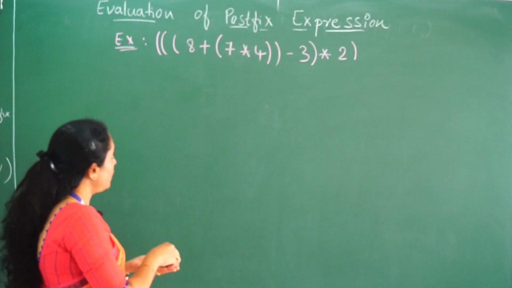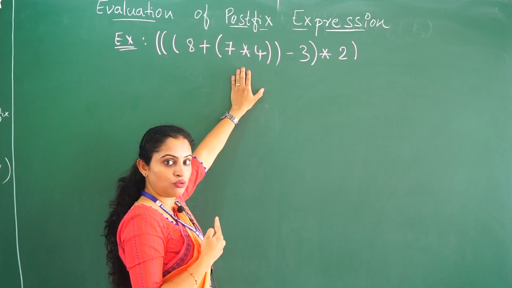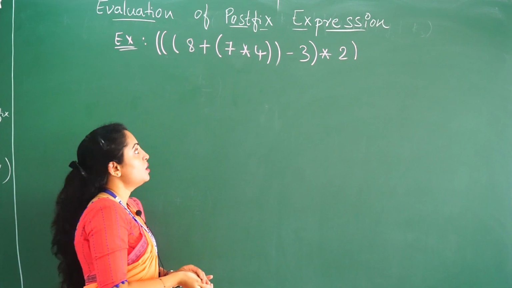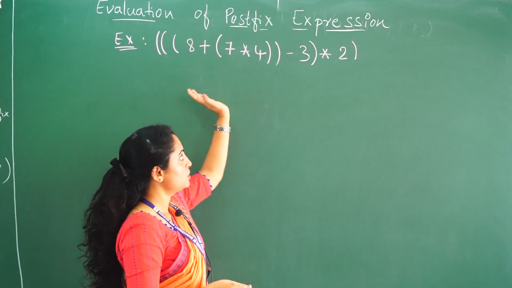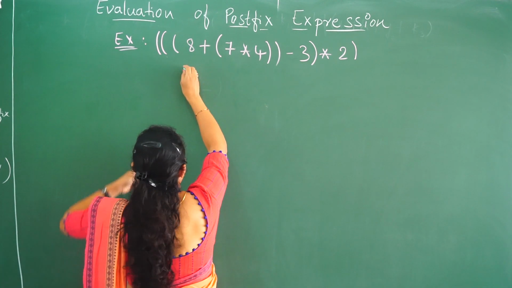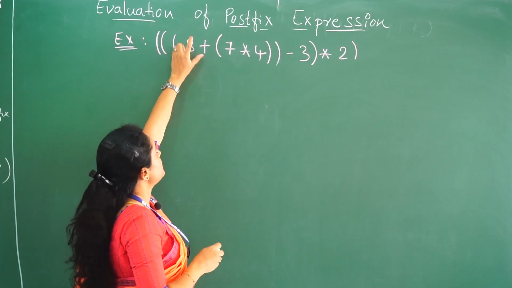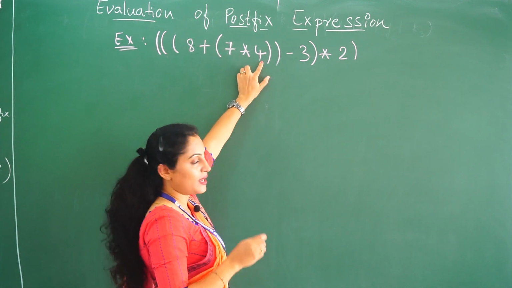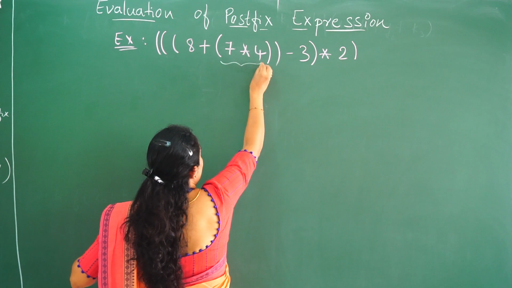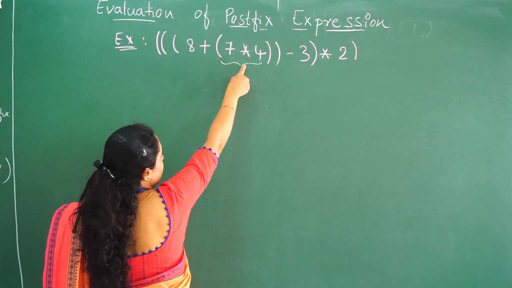Okay. So now let's start converting this given infix expression to postfix. When we are converting to postfix expression, we have to place all the operators towards the right side. If you take 8 plus 8 as one operand, 7 into 4 as another operand, then the operator lies between operand and operand.